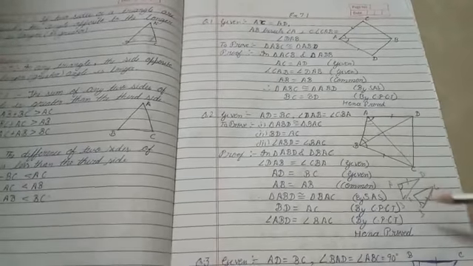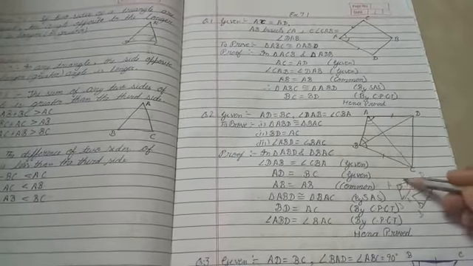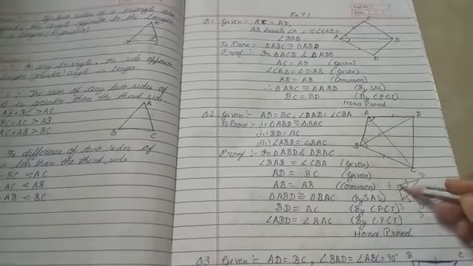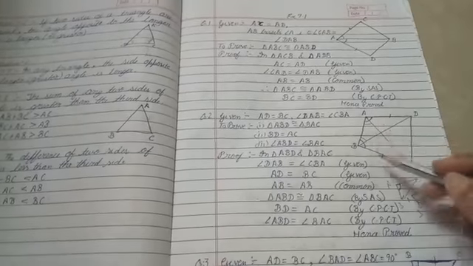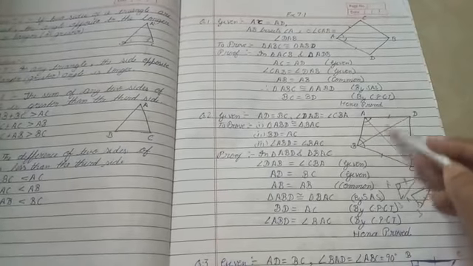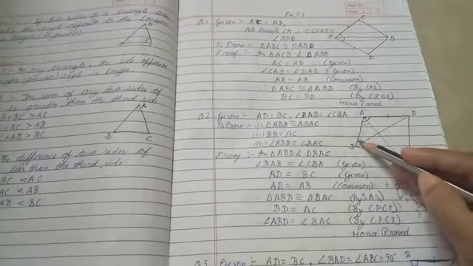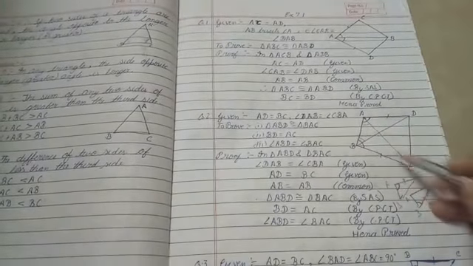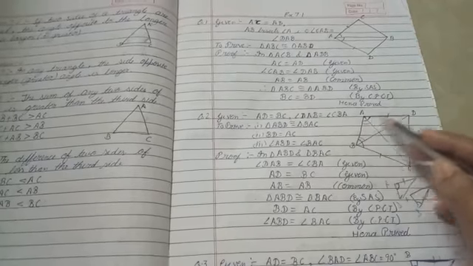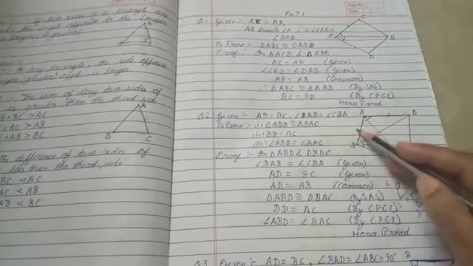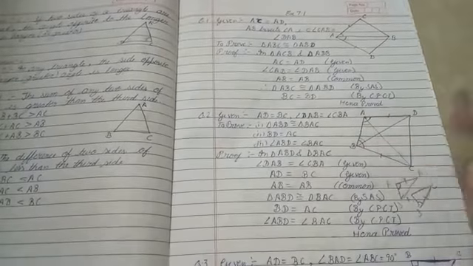Now according to these, this side is equal to this side, this angle is equal to this angle, and AB is equal to AB, that is common in both the triangles. This angle of triangle BAC is equal to angle BAD of this triangle, and AB is common in both the triangles.